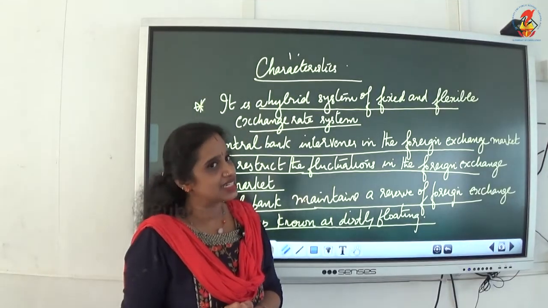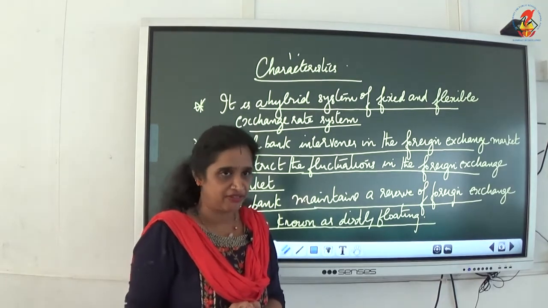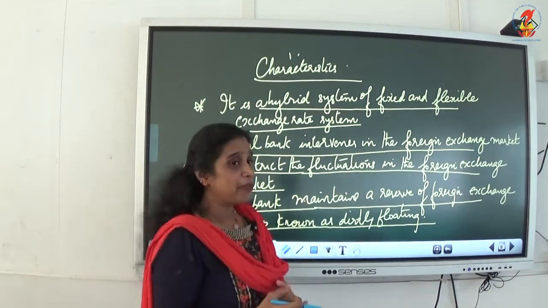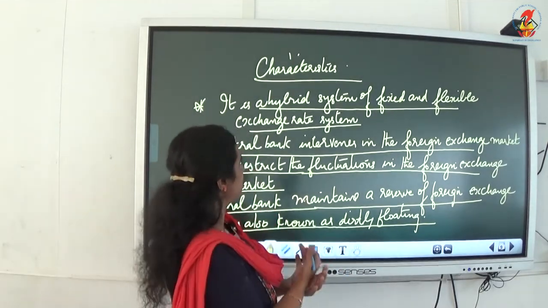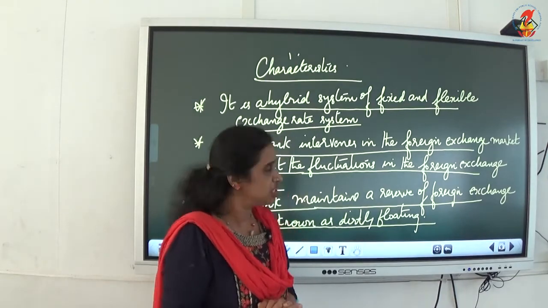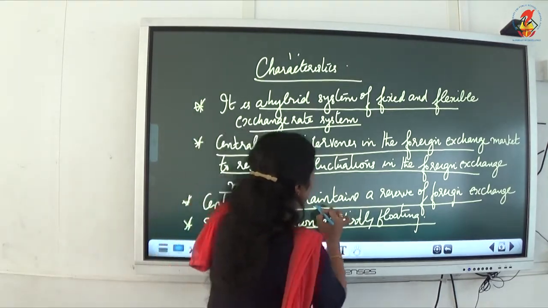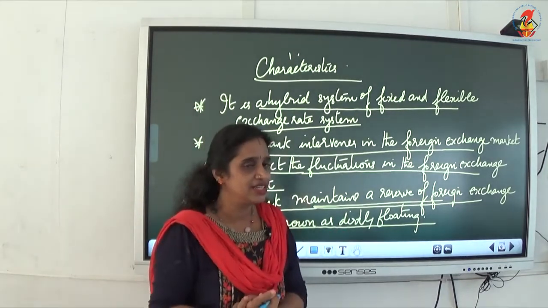So these are the characteristics. It is a hybrid system between both the exchange rates, fixed and flexible. Then the central bank will intervene in the foreign exchange market by purchasing and selling foreign exchange and will influence the fluctuation happening in the market. Then the central bank maintains a reserve of foreign exchange, like the government in the fixed system you have learned.